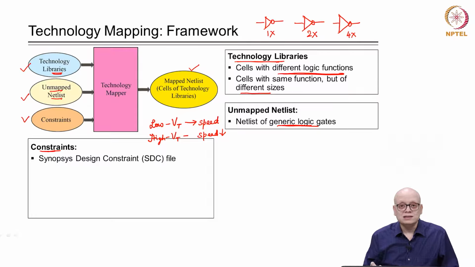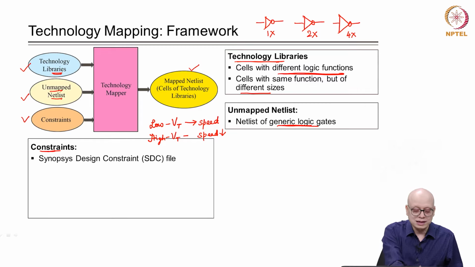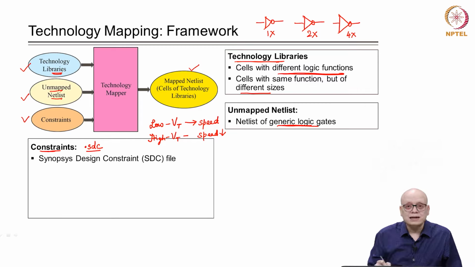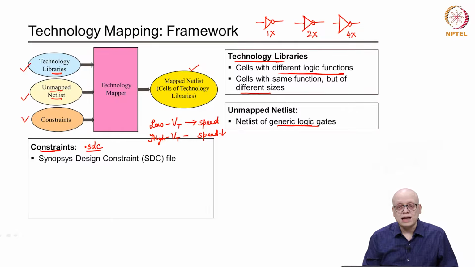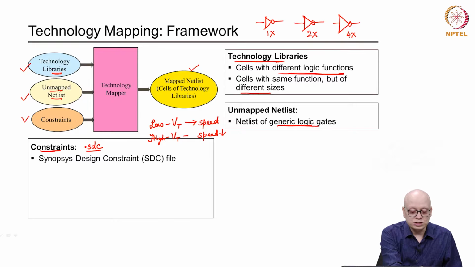So, we have seen in the last lecture that we can represent constraints using SDC format, Synopsys Design Constraints format, or these constraints are in the .sdc files, right. So, we can give the SDC files as input to the technology mapper.